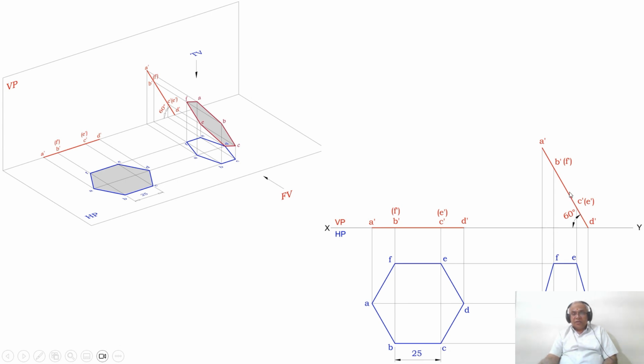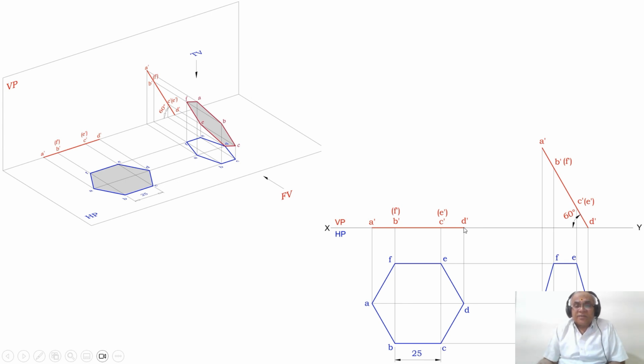Then you mark a point on that 60 degree line. From D dash, you draw an inclined line at an angle of 60 degrees.